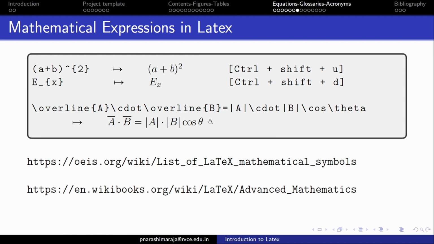As you can see, there are a lot of commands to define these symbols, and I would advise you to use the following links while writing the equations. The first link gives a list of commands to write the equations, and the second link provides more environments that one can use while writing advanced mathematical expressions.